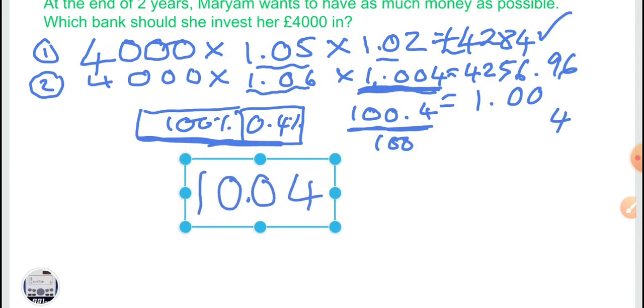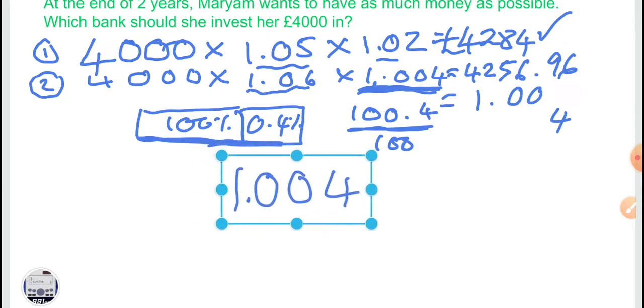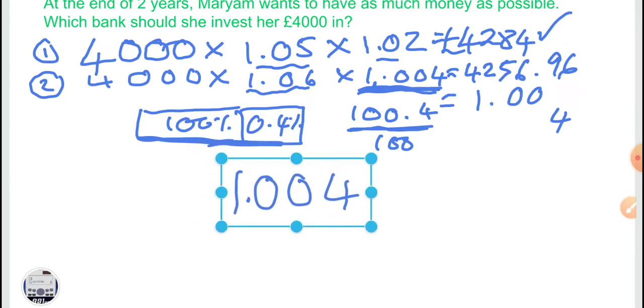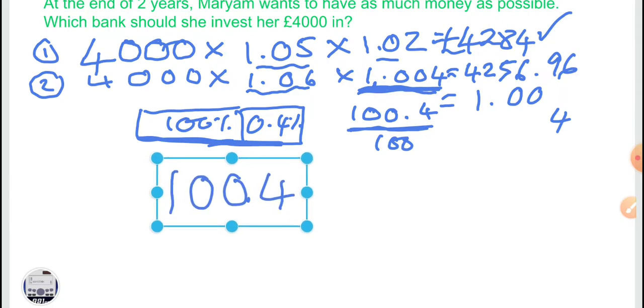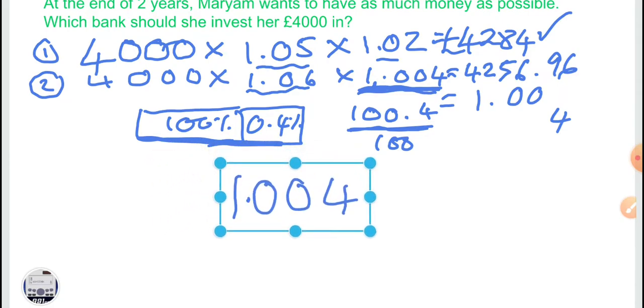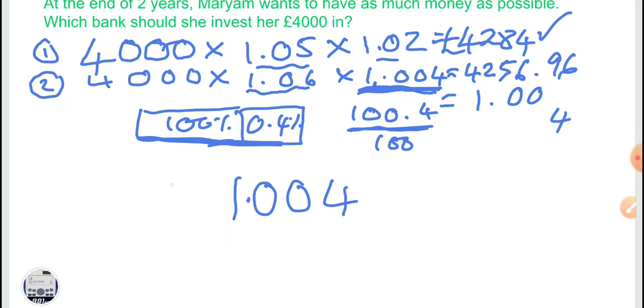So you get 10.04, that's dividing by 10. And then if we divide by another 10, we get 1.004. So that's the same as saying 100.4 divided by 100 is 1.004. And that became our decimal multiplier.